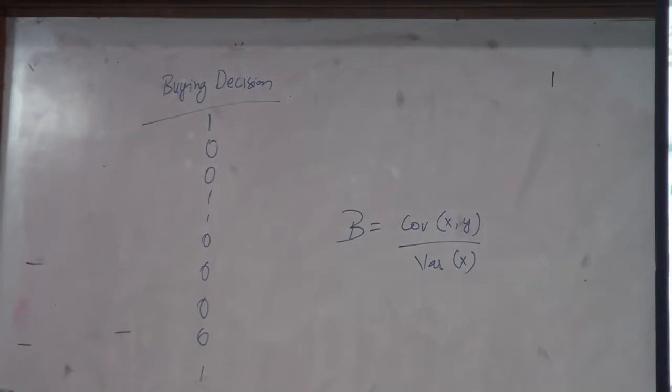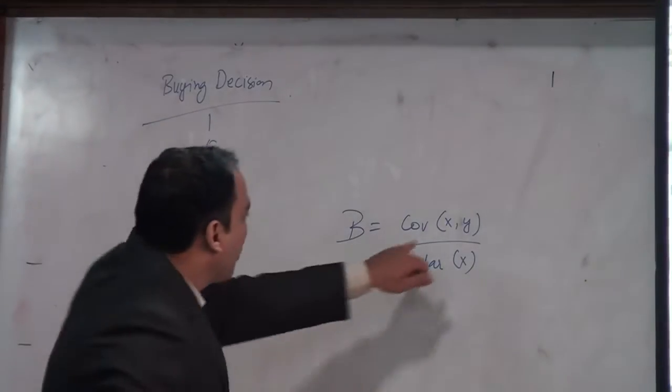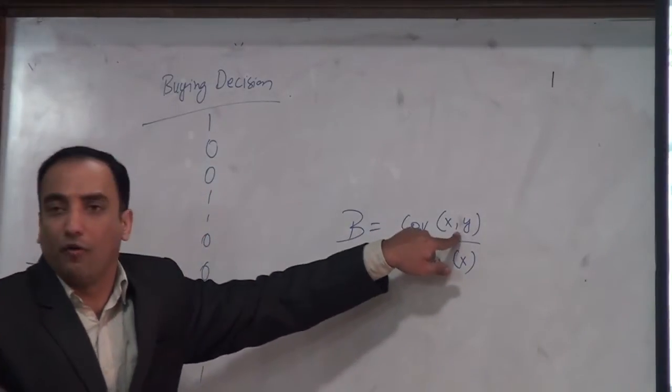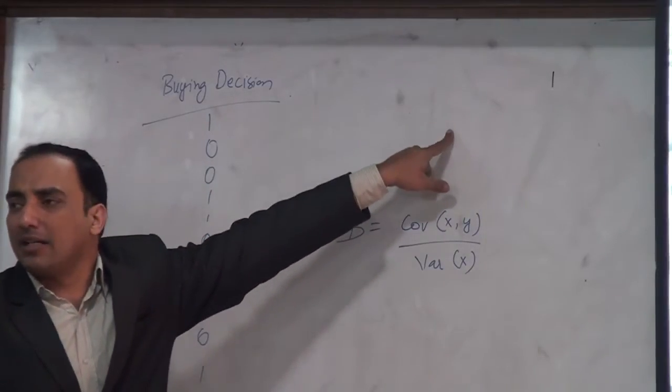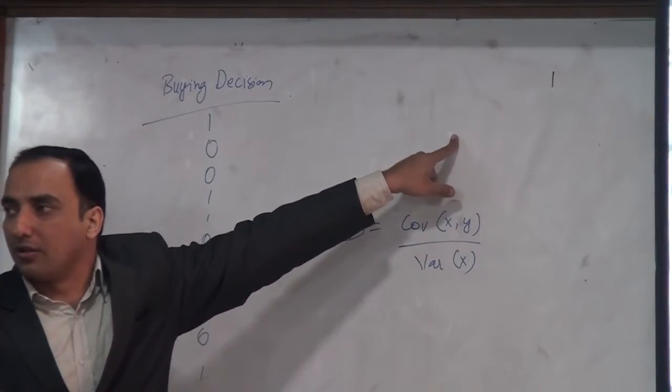No. In fact, some of you were yesterday asking me about R square in panel data, or R square whenever we are using a dummy variable. I told you R square does not make any sense, because R square is also based on covariance.